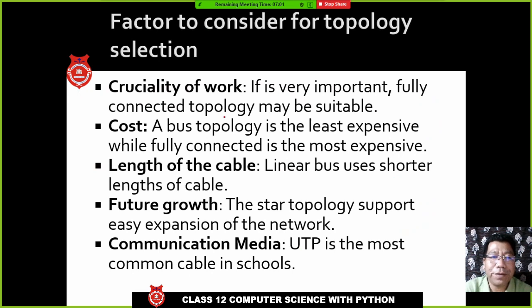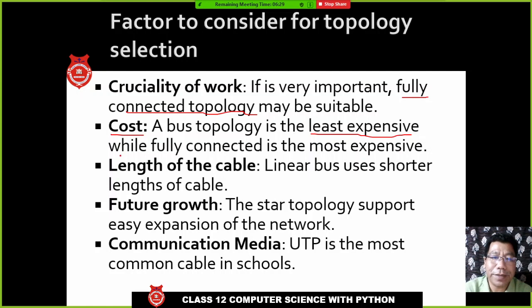Let me repeat the different factors that you have to consider while setting up a network. If the computer network is very important, you have to choose a fully connected mesh topology. But if the cost is a factor, you have to choose the least expensive.